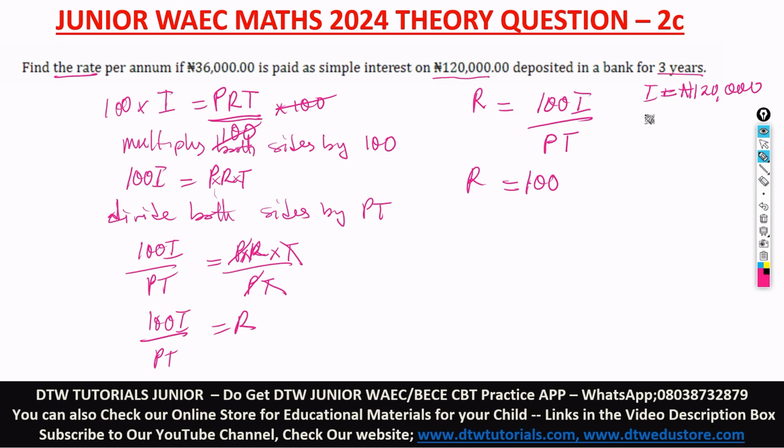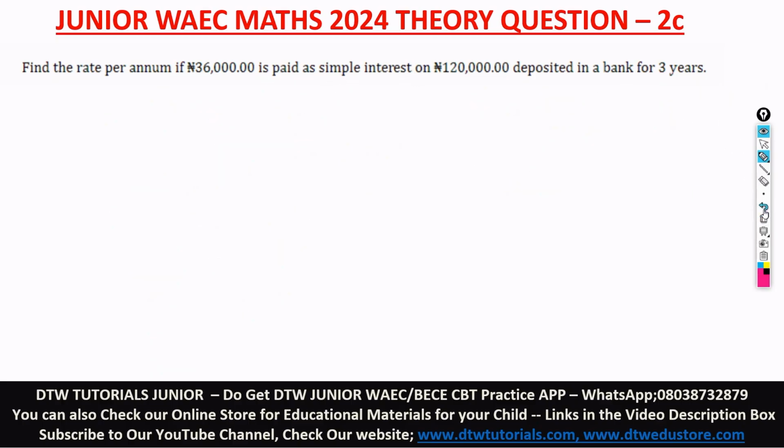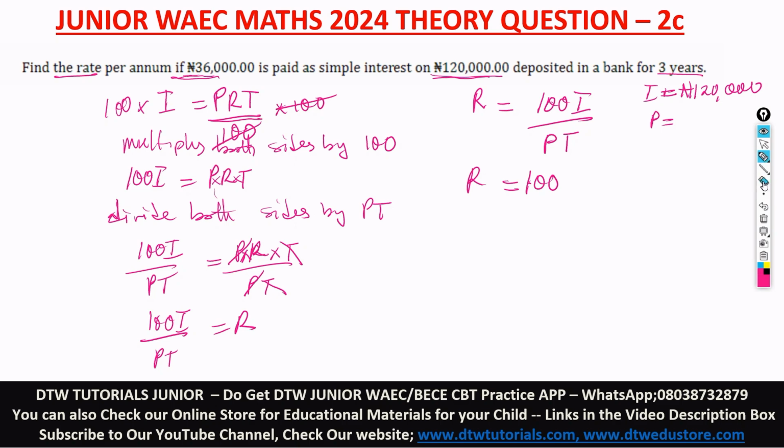All right. And state that this is a simple interest. This is our principal. So P is equal to what? Oh, I am sorry. Find the rate per annum if 36,000 is paid as simple interest. Oh, I apologize. Our interest is 36,000.